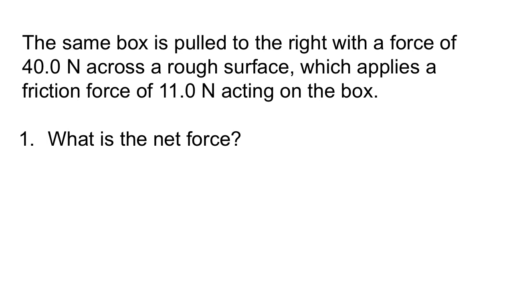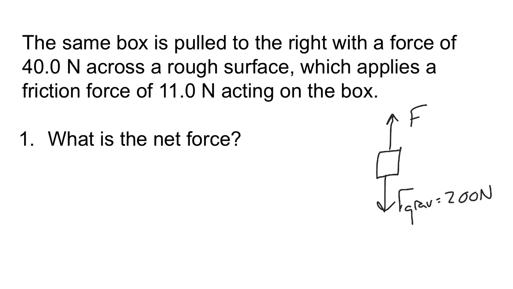So the same box is pulled to the right with a force of 40 newtons across a rough surface, which applies a friction force of 10 newtons acting on the box. What is the net force? So let's go through this one. We've got our box, same box, and I remember from the last one, the force of gravity is 200 newtons.